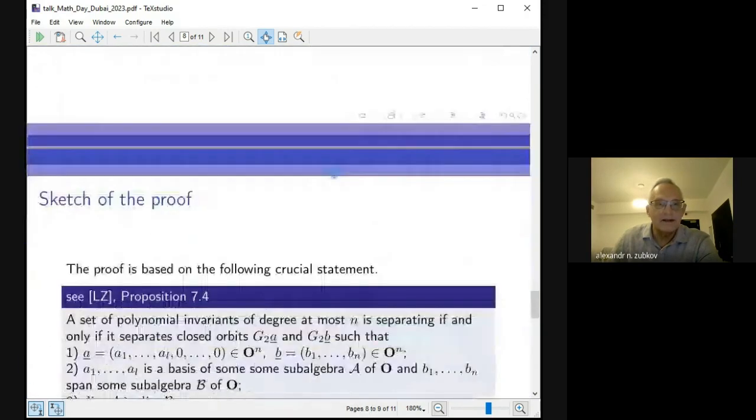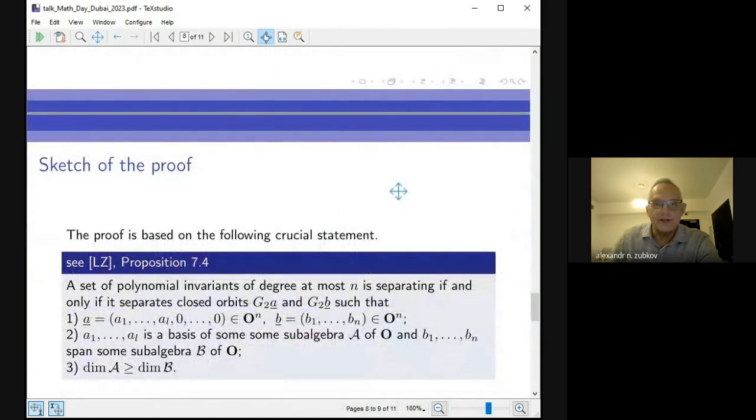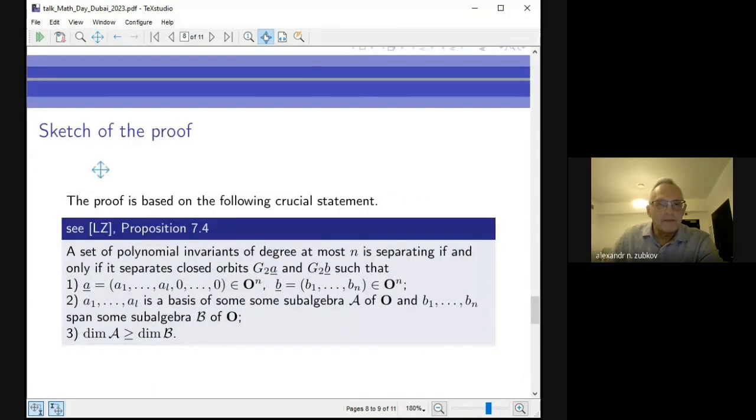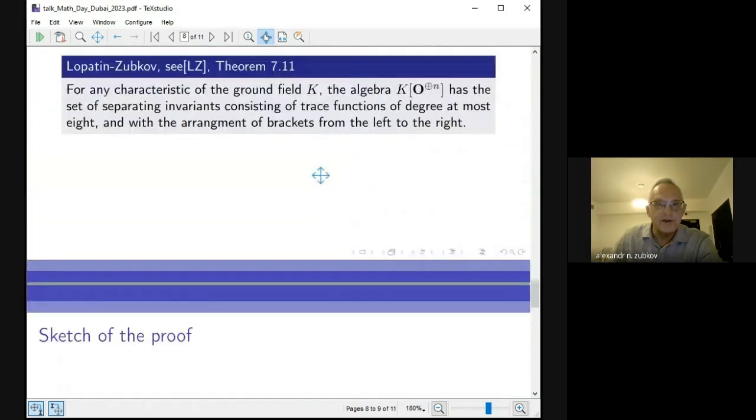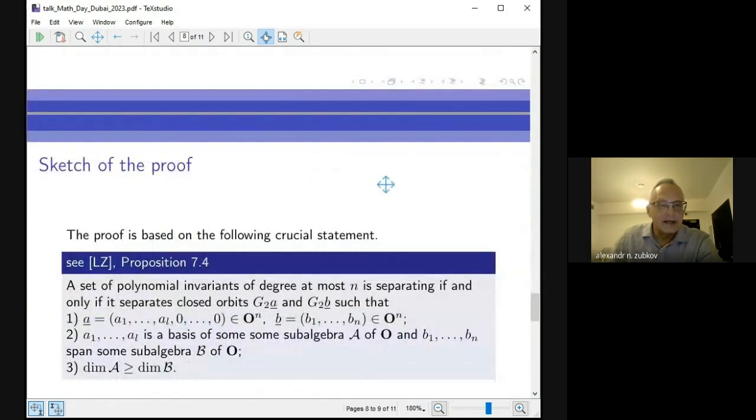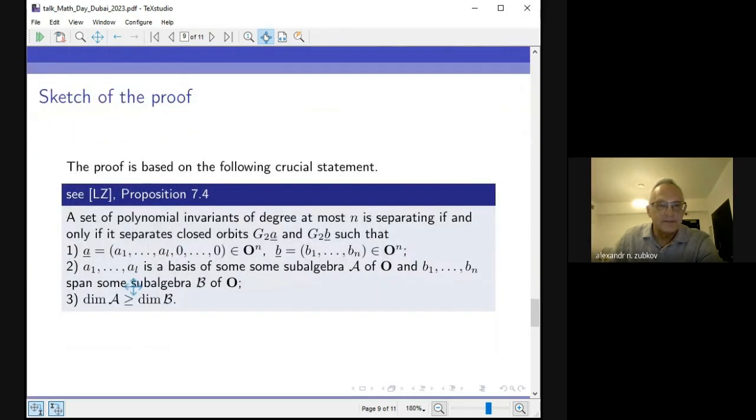Now I will say a few words about the proof of this theorem. First of all, the proof of the theorem can be reduced to the following statement. The proof is based on the following crucial statement.